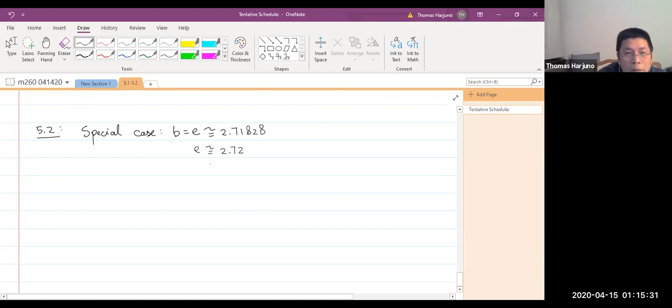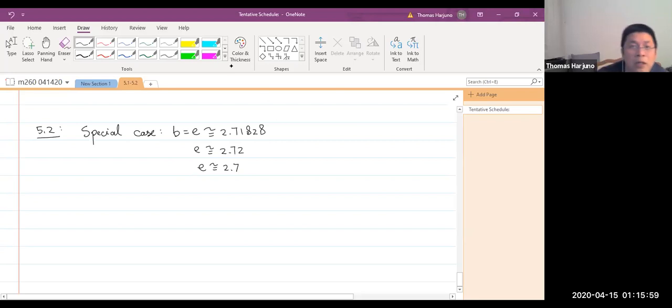If you want to round even further, you can approximate it using 2.7. Now, this e is a special number, but the reason it is special, we can only see much, much later. If you want to see the reason, you can read the book, of course. But there are many more reasons why this e becomes something special for us.